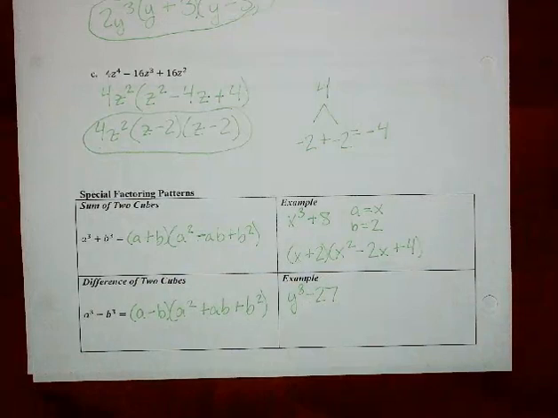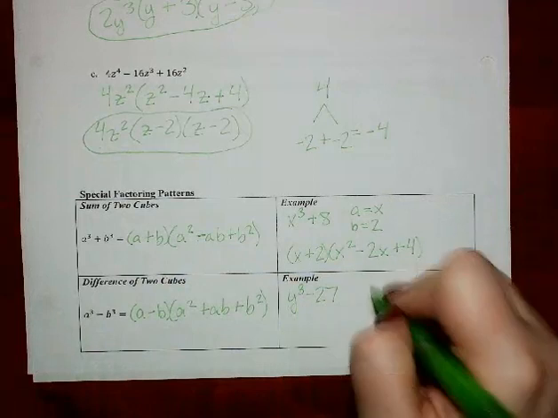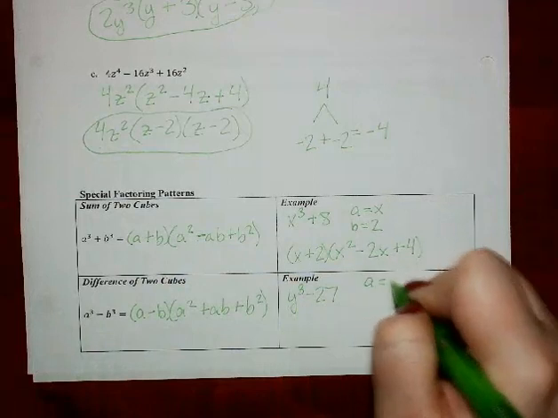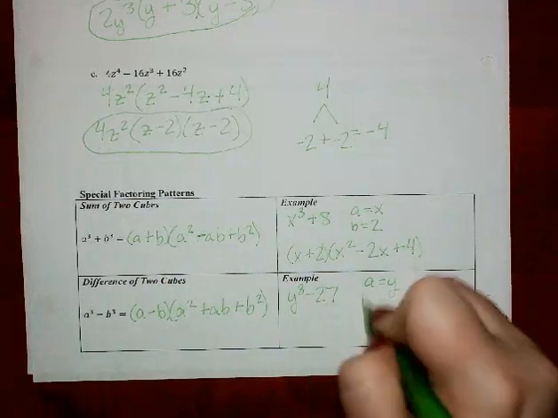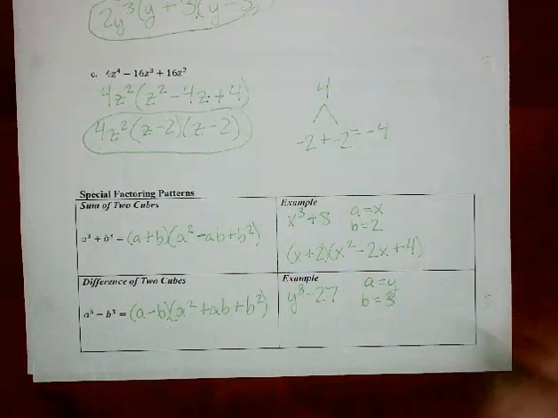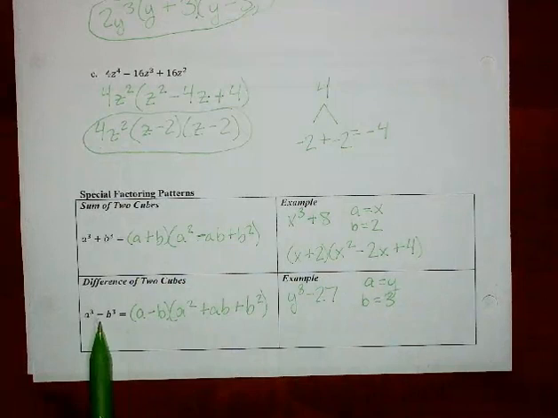Okay, so if a to the third is the same as y to the third, that means that a is equal to y. And if b to the third is equal to 27, it means b is equal to 3. Now, it's positive 3 and not negative 3 because we've already factored our negative into the formula. That's already part of it.